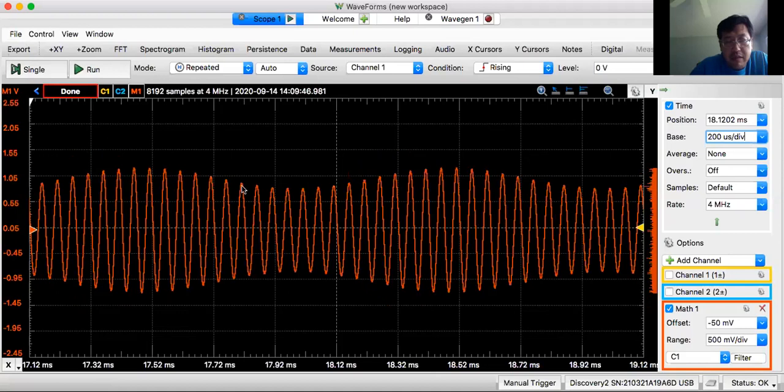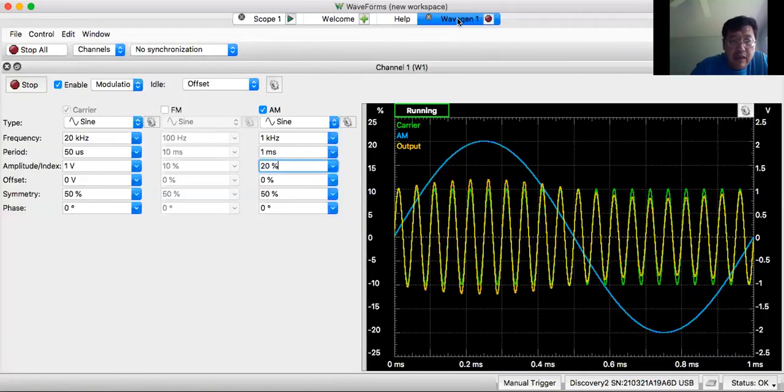Notice the amplitude varies only 20%. Percentage modulation, or modulation index, whatever name you want to call it, means how much percent the amplitude varies. The extreme case, let's go to the extreme, is 100%.